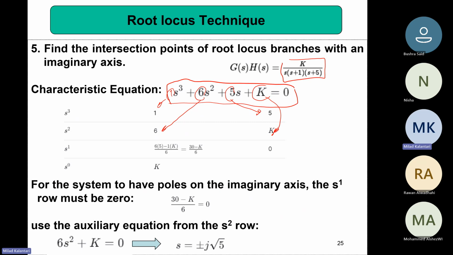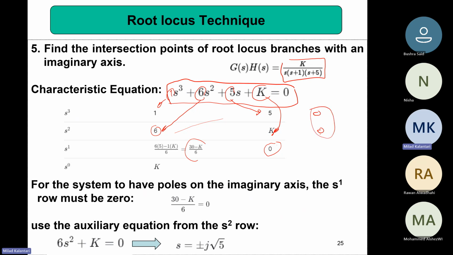And then we calculate the determinant, 6 times 5 minus k, divided by 6, gives this. And then the next one is 0 because there is no other component here.